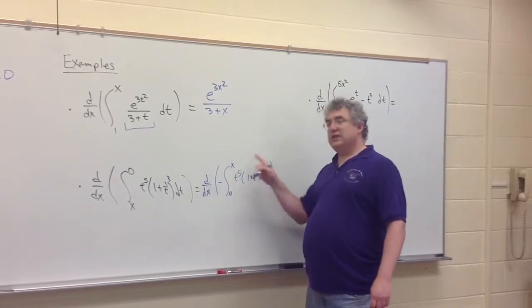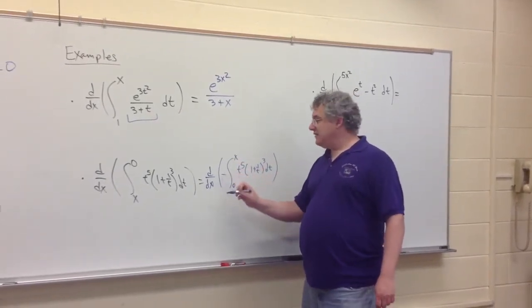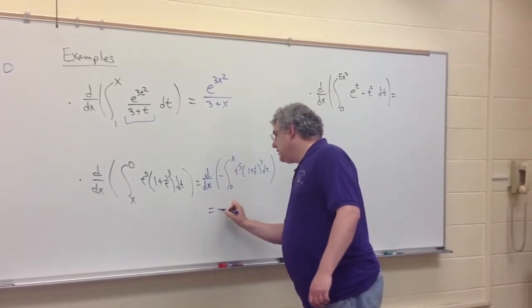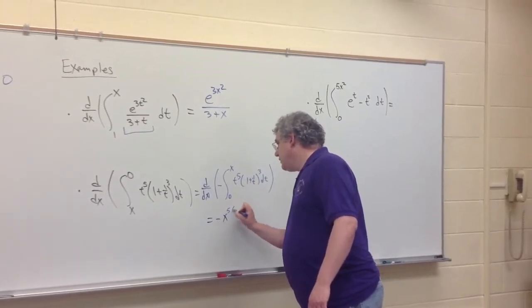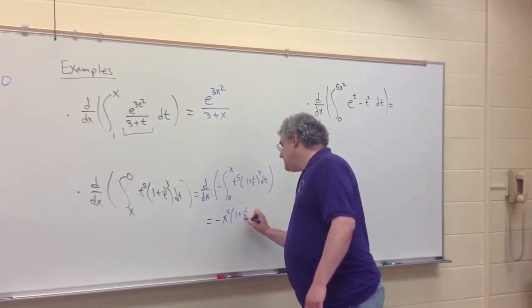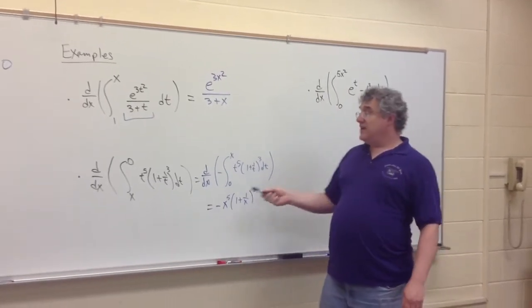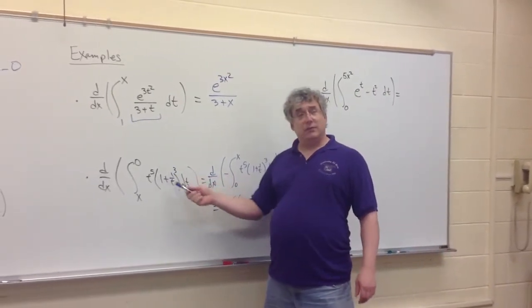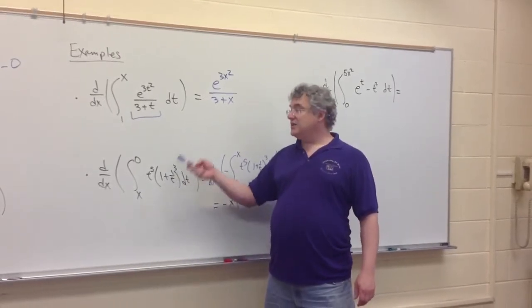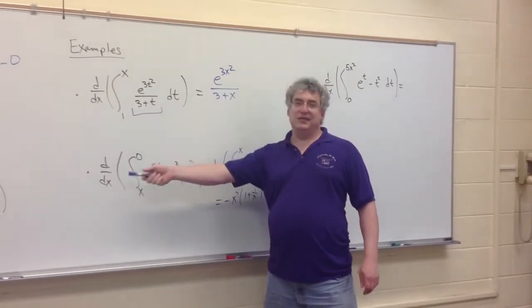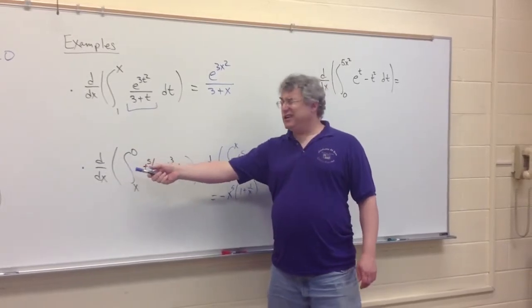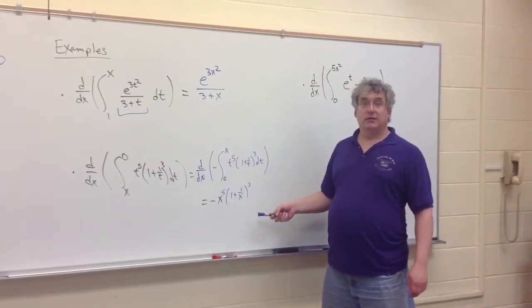And then the derivative is just like that. And there's a minus sign involved. So this is going to be minus x to the fifth times 1 plus 1 over x quantity cubed. Now, it should also be noted, this one you could actually have multiplied it out, done the anti-differentiation, plugged the values in, and taken the derivative. But that's a lot of work, and this is a lot less work.